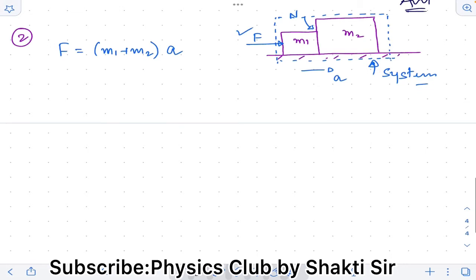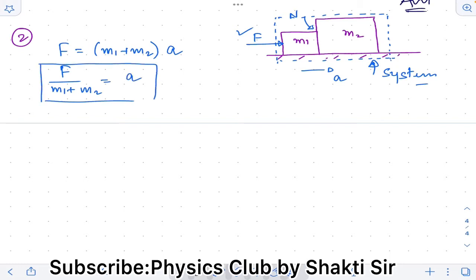Obviously the system will accelerate towards the right side. So the net force acting along the x-axis is F, and net force is equal to the mass of the system multiplied by the acceleration of the system. The mass of the system is m1 plus m2, and the acceleration of the system, let's say a. So from this we can say F divided by m1 plus m2 is the acceleration of the system.